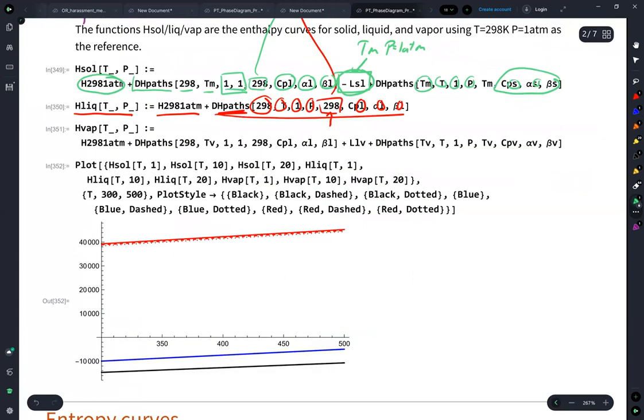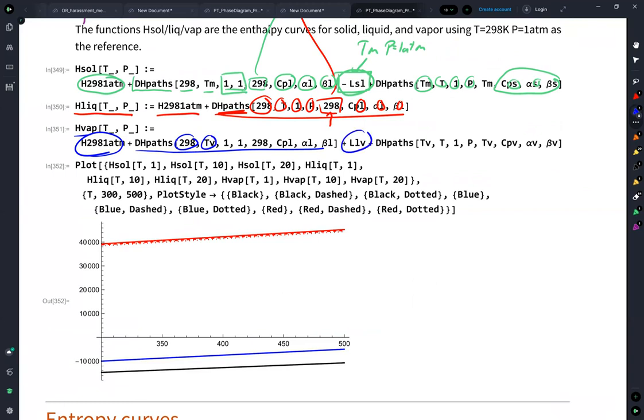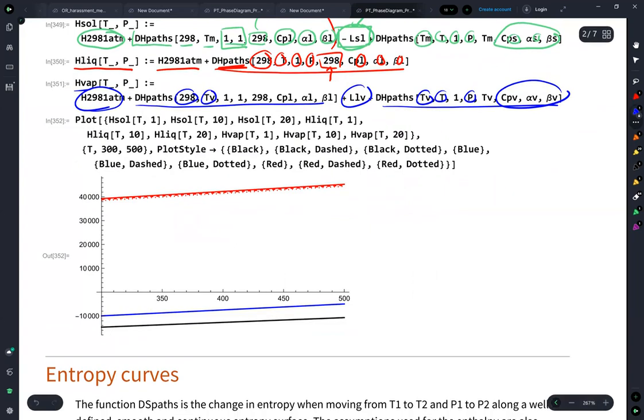And then the vapor: 298 liquid, the liquid going from 298 to the vapor temperature, transition from liquid to vapor, and then in the vapor phase, transition from the vapor temperature to the temperature of interest and the pressure of interest. And if you now plot these, you get the vapor. So the vapor is in red.